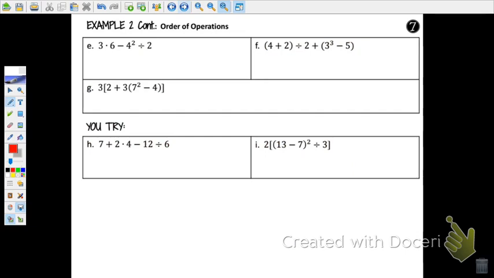So we're going to take a look at some examples. Example E. Okay. Got 4 different terms in that expression. What is it that I am going to do first? Okay. I'm going to do that exponent first. Everything else is going to stay.